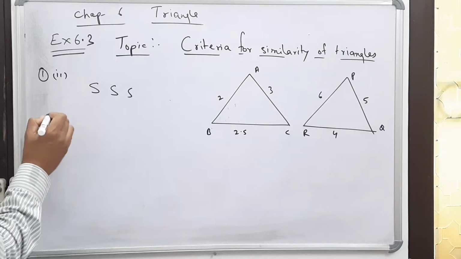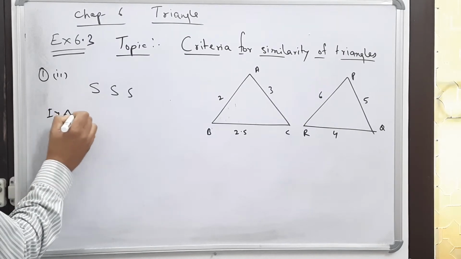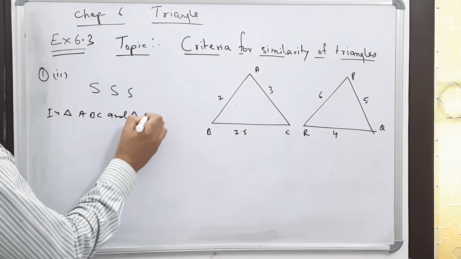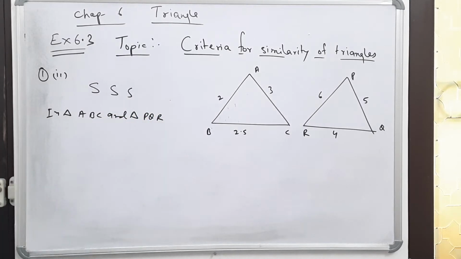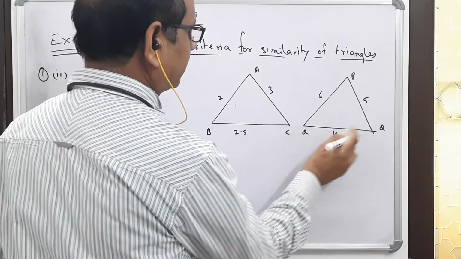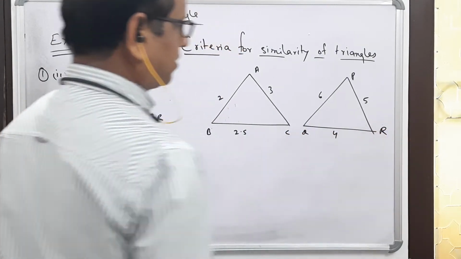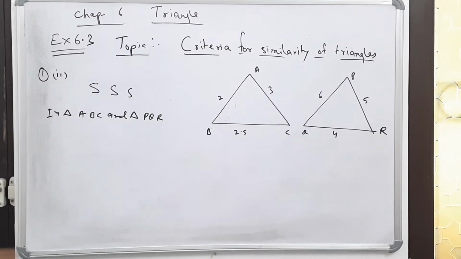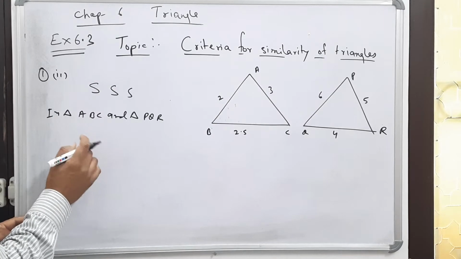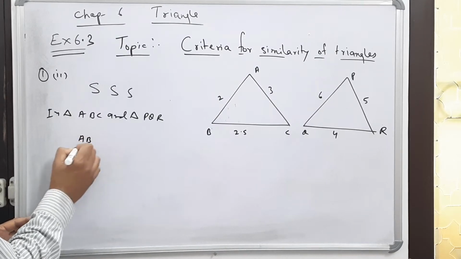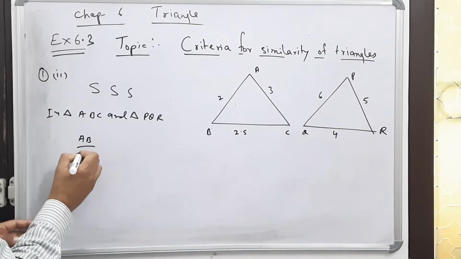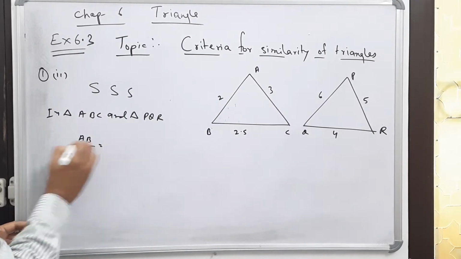So here we write, in triangle ABC and triangle PQR, see now what happens. The Q is written here and R is written here in the diagram. So here ABC and PQR. The first part is AB, which is proportional to QR.